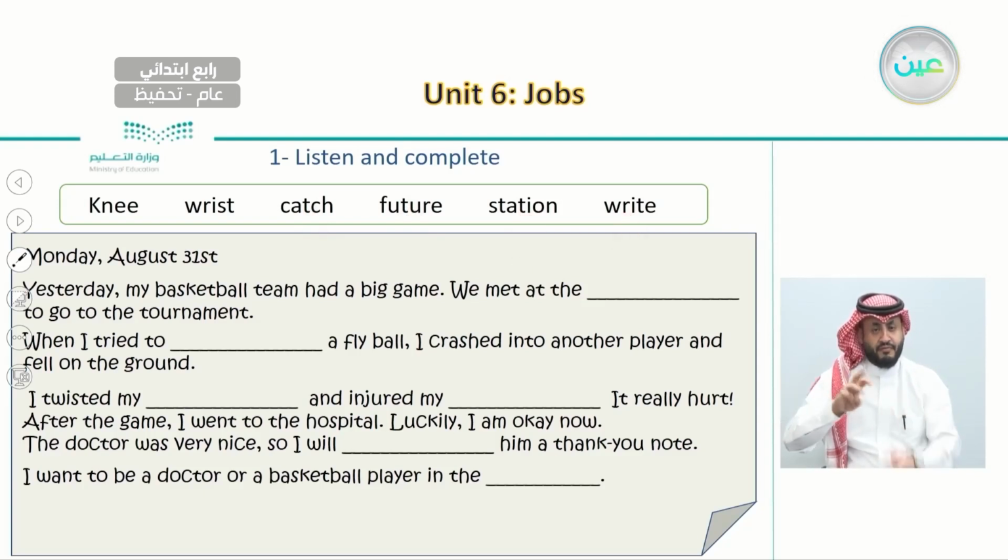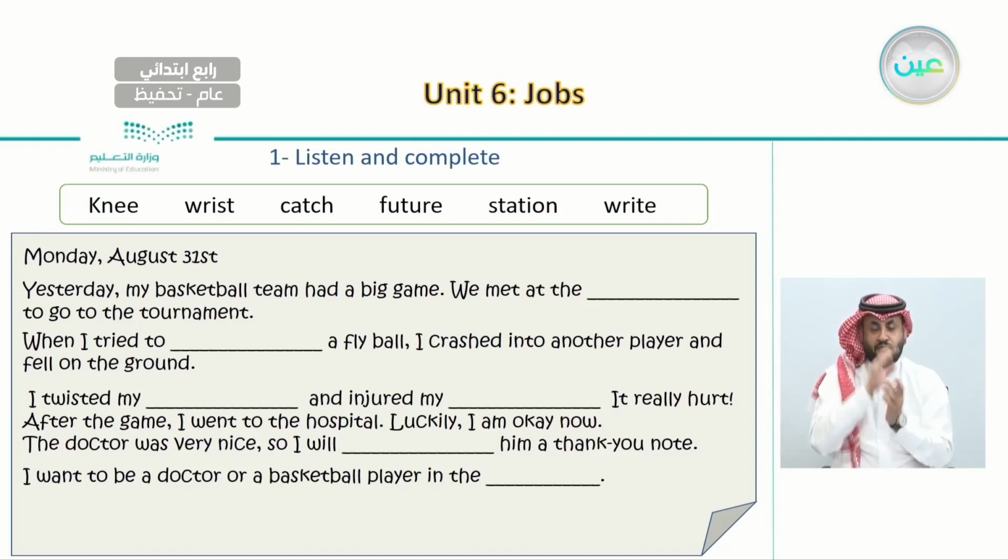Repeat after me. Knee, rest, catch, future, station, and right. So let's listen to this text, and then we are going to highlight some to complete it with the words.